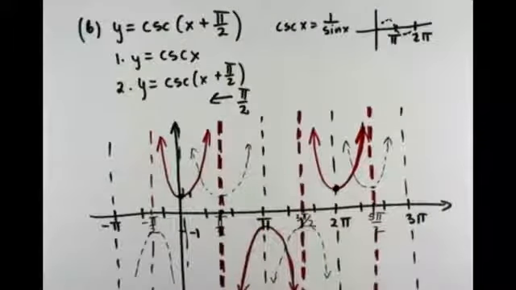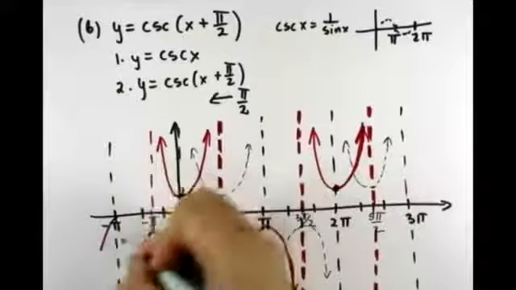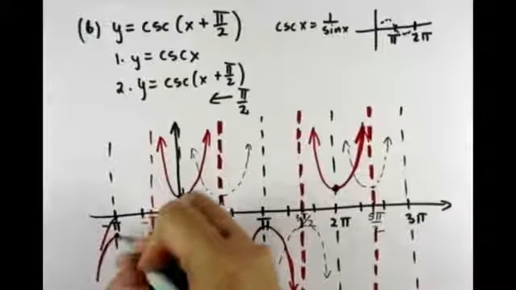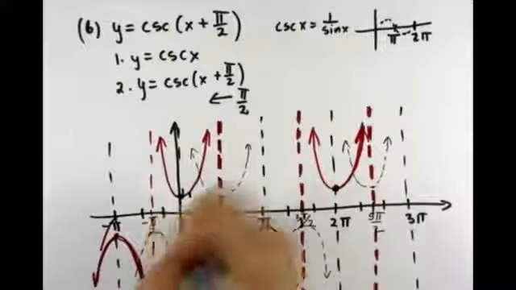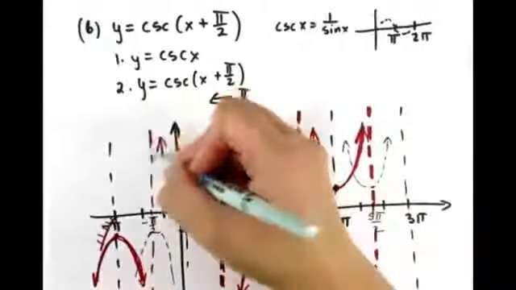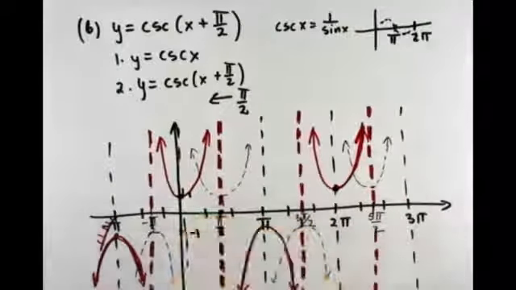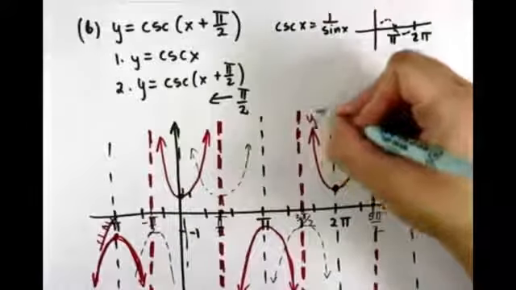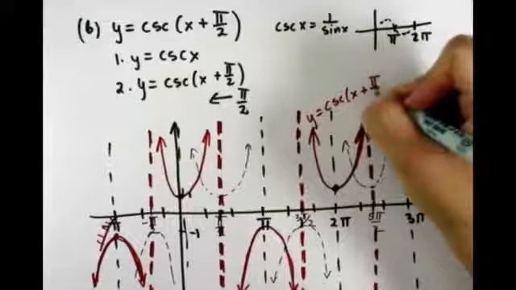Okay, so the red graph, you can clearly see that it's shifted. So this graph is y is equal to cosecant of x plus pi over 2.